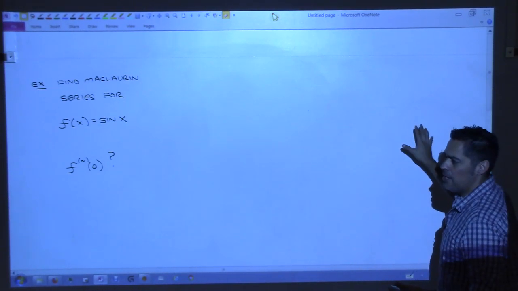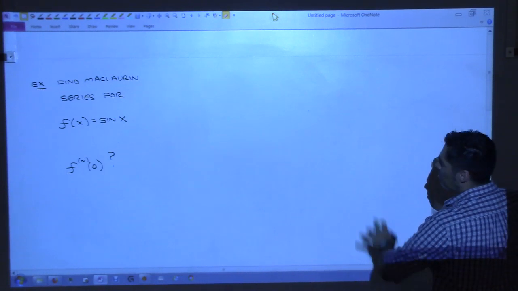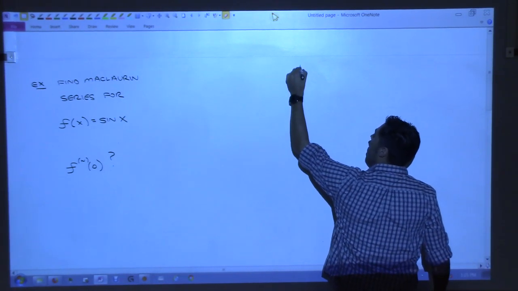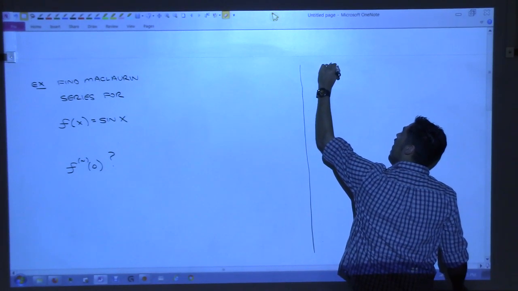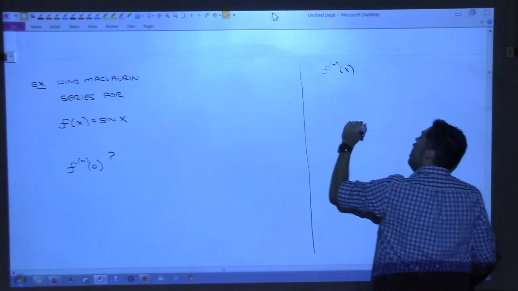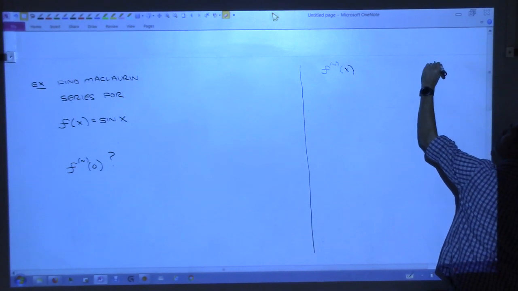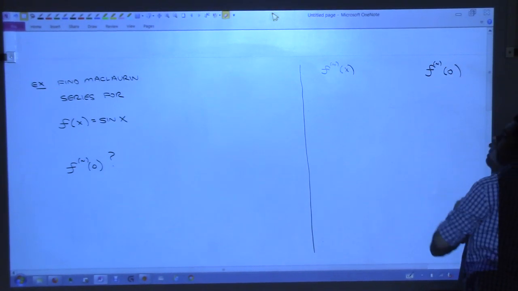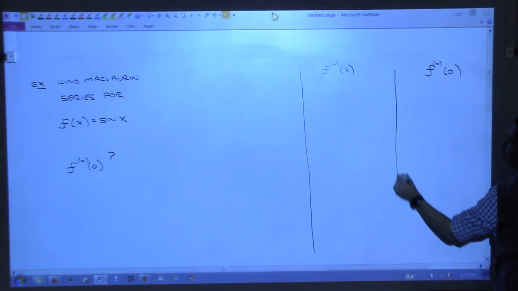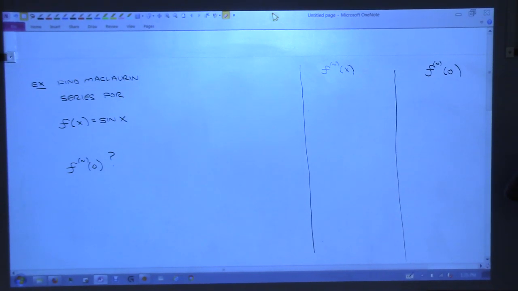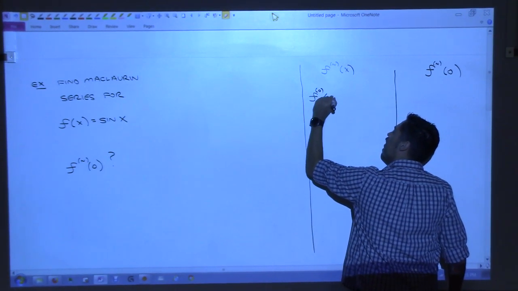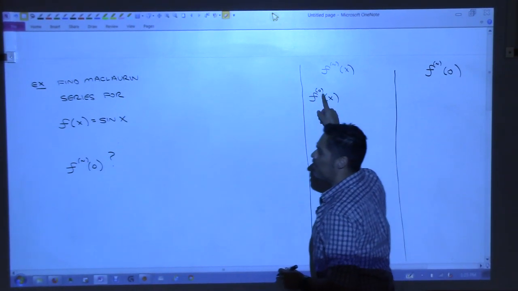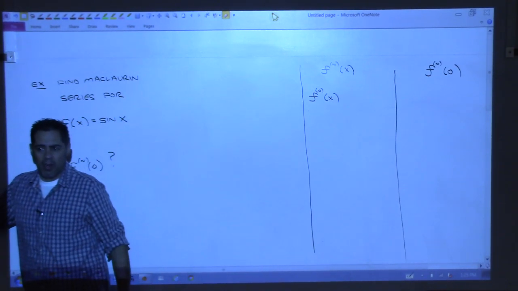So I'm going to create over here a table, and it's going to have 2 columns in it. The first column is going to be my derivatives of the function. And then over here is going to be those derivatives with 0 plugged in. All right? So let's start out at the very beginning. What is the 0th derivative of sine x? I'm using 0 because our index starts at 0, right?